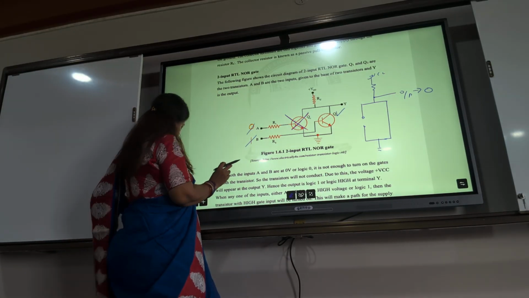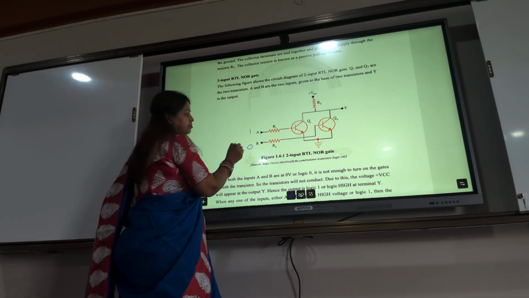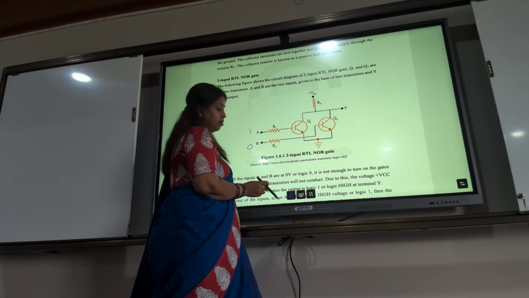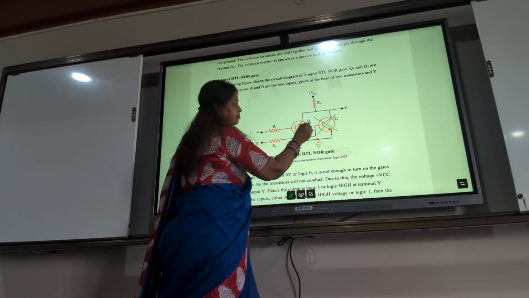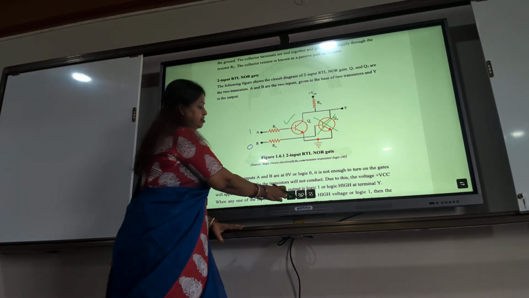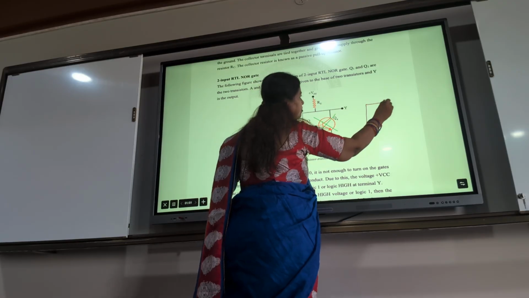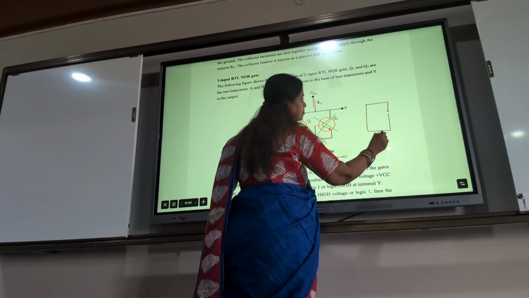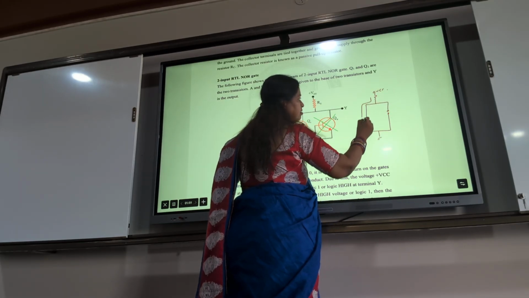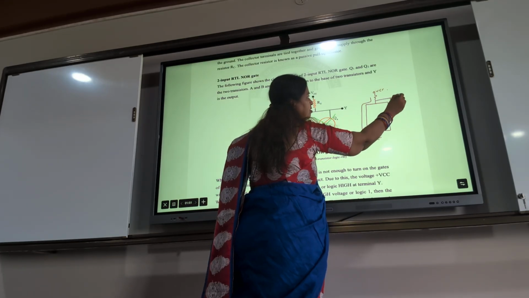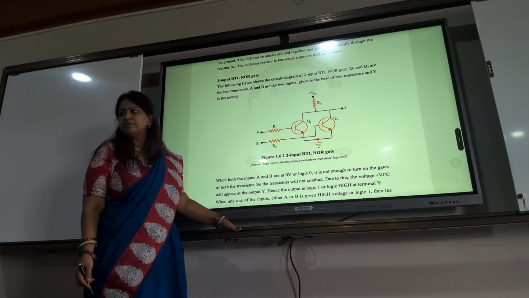Now with 1, 0, which transistor will be on? This will be on. So when you take the output, it becomes 0 because it is directly shorted to ground.